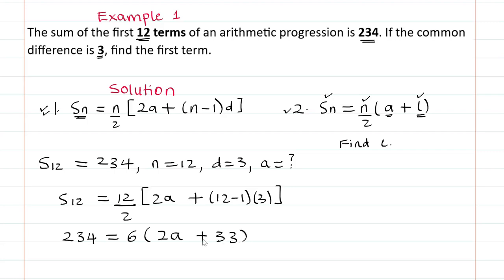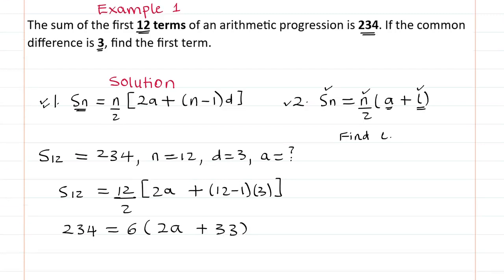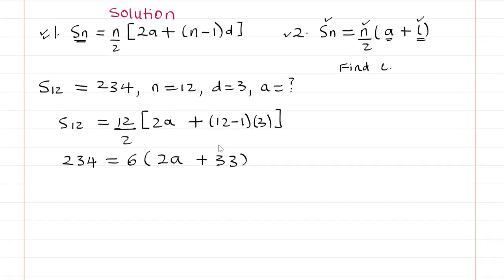We have simplified that. And then from here, what is left is just solving a linear equation, right? There are very many approaches. Someone can start by expanding the bracket by multiplying by 6, or we can divide both sides by 6. To make our work lighter, I'm going to divide by 6 here.